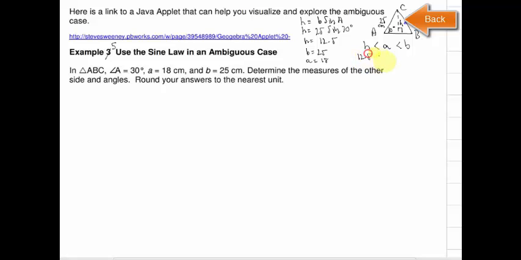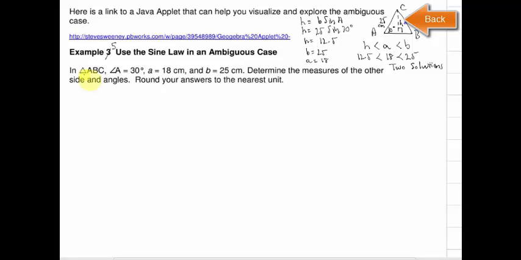Because 12.5 is less than 18, which is less than 25. And if you go back to your chart on the previous page, you can see that when h is less than a, which is less than b, you will have 2 solutions. Okay, so that means we're going to get 2 different answers for this question.